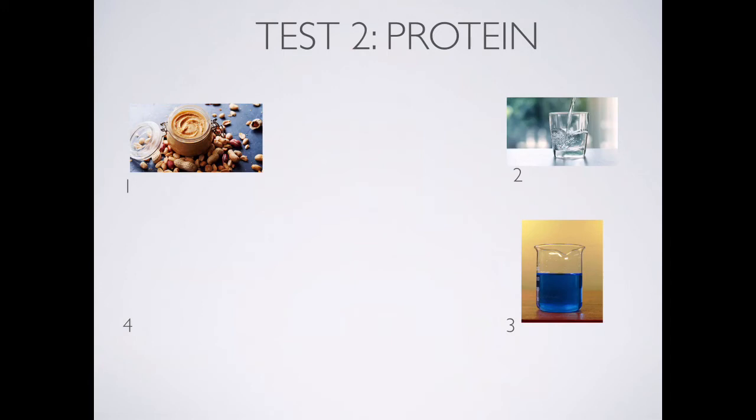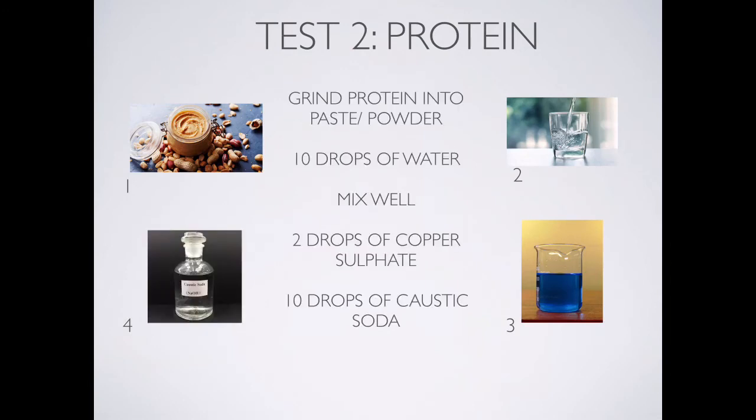Now, first you have to grind your food item, that is a protein. So if you're going to grind meat, or if you're going to grind dal. Now, after you've ground your ingredients or the food of protein, then you're going to need to add 10 drops of water to your protein.